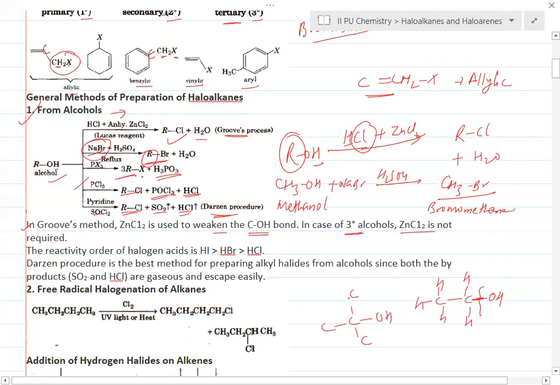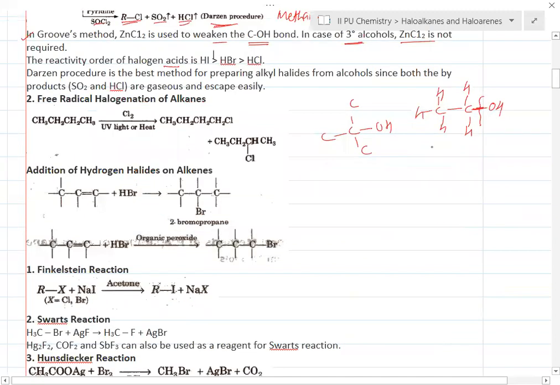Now, what is the order of reactivity of the halogen acids? In group 17 of the periodic table, chlorine, bromine, iodine are there. So you can see HF, HCl, HBr.